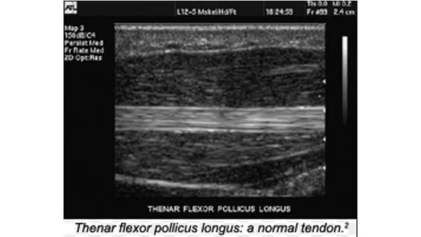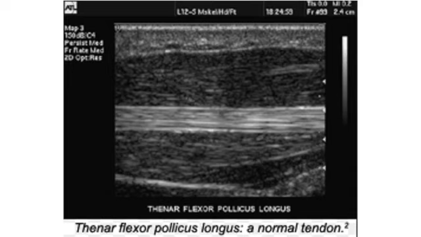So this is a normal flexor pollicis longus tendon. What we see here is a large area of white right in the middle. We can see muscle above that flexor pollicis longus tendon, and we can see a little muscle below. We also see where the skin is, and we can see where a little subcutaneous fat is as well.